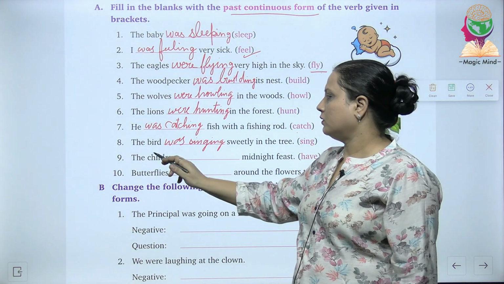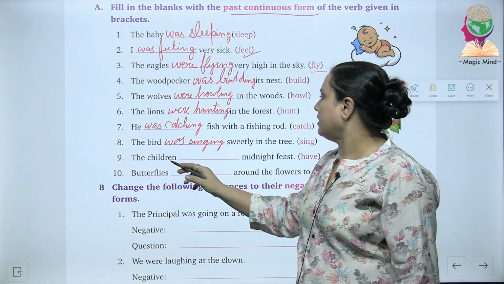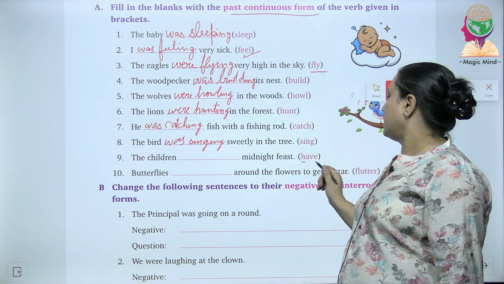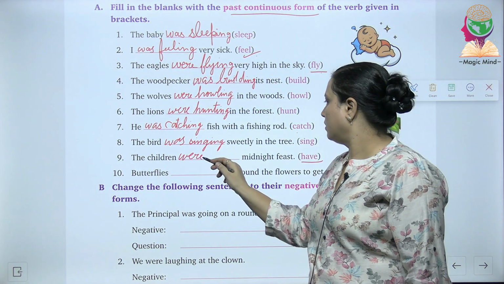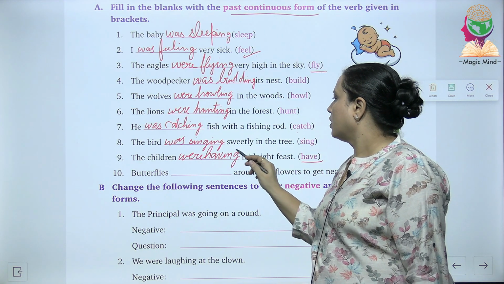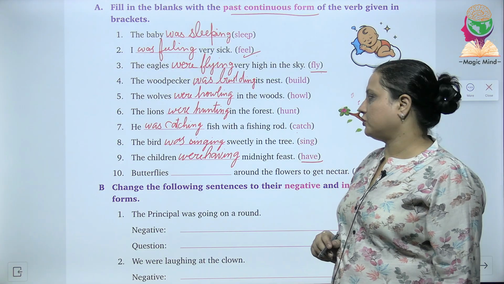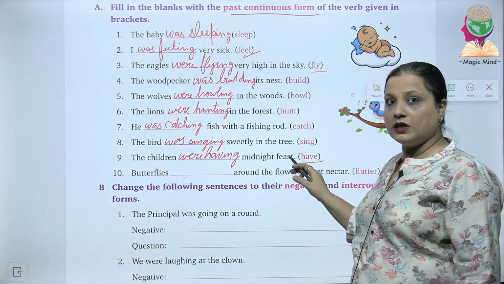Then the ninth one, the children is a plural subject, hence we will write. Now what they have written over here is have. So what we will write? Well, have will get changed into having. So what will the sentence change into now? The children were having midnight feast.